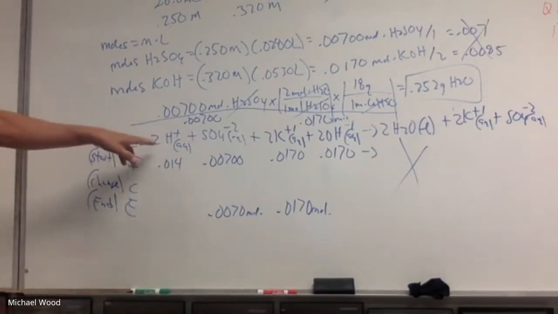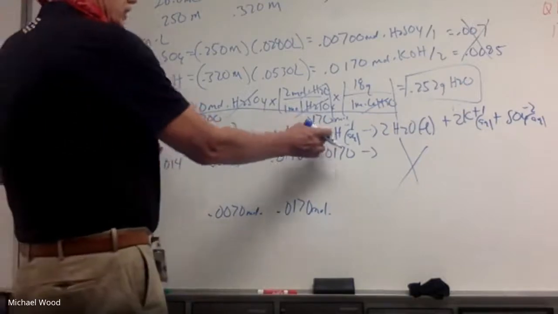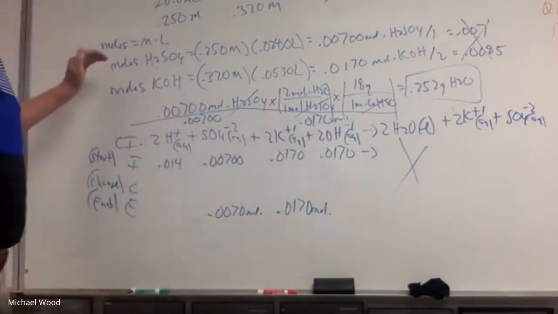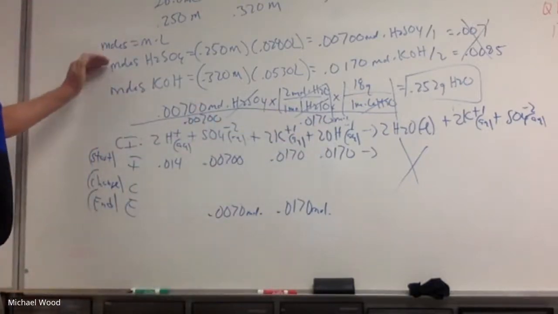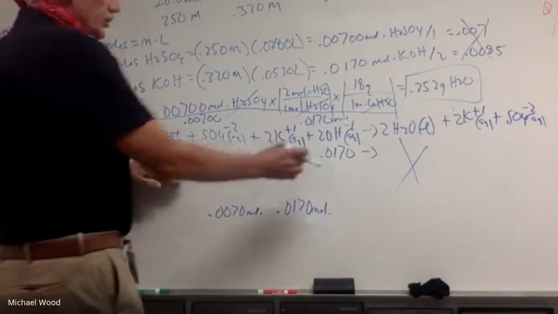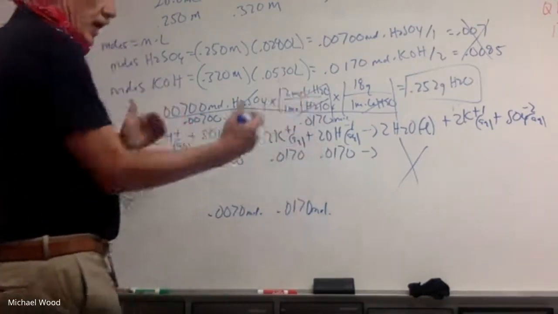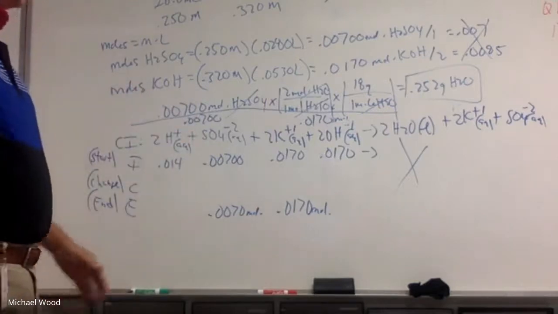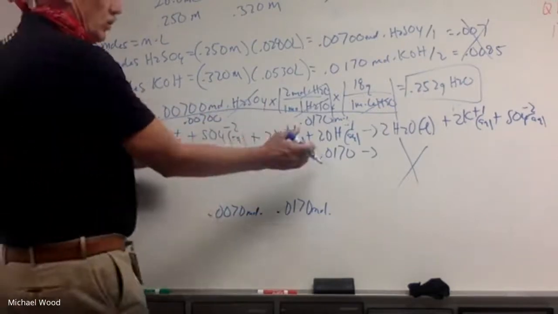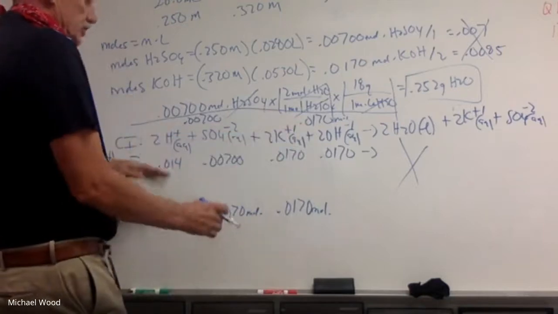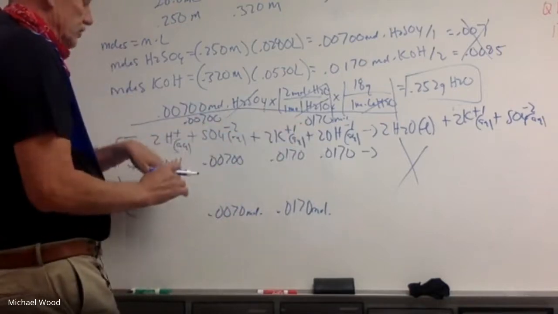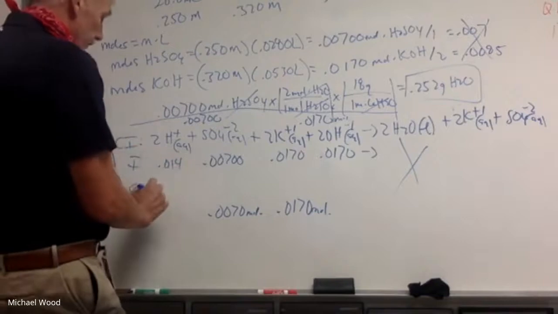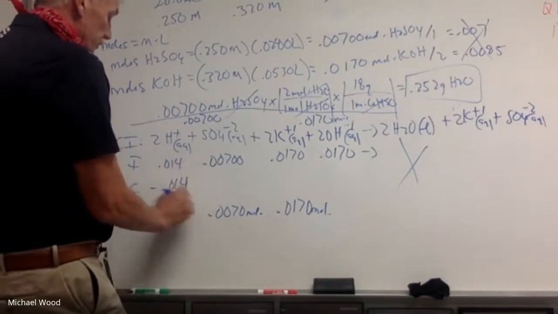But I've got to ask myself, which of these two is limiting? Well, remember, we determined that the sulfuric acid was limiting. The way I'm teaching you, I always find it easiest to figure out what's limiting by getting it in moles and then dividing by the coefficient. The one that's smaller is my answer. This is the one that's smaller, which means this one is completely consumed.